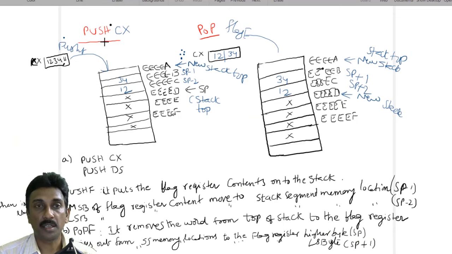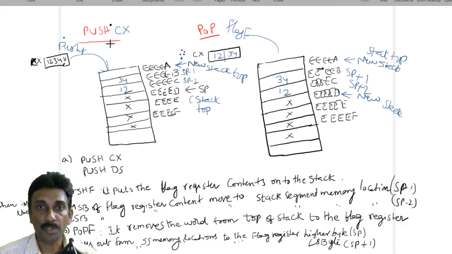The next instructions are push and pop instructions. Push is nothing but pushing the data from external sources to the stack memory locations. That means we have data 1, 2, 3, 4, and that data will be loaded into the stack memory locations. To store the information temporarily, we use the stack memory locations using the stack pointer.